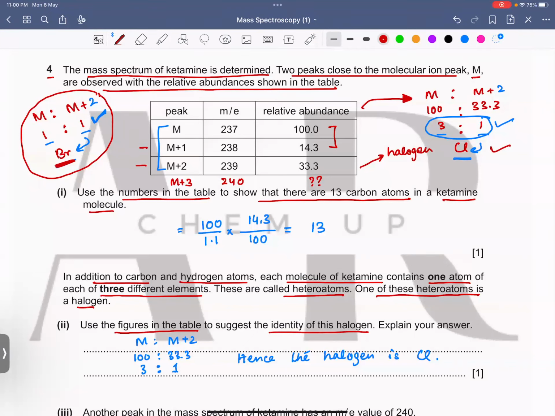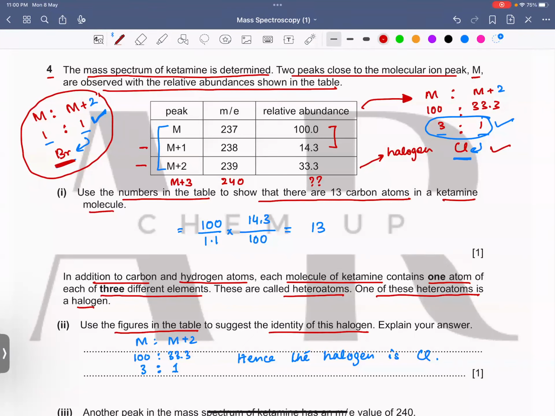This m+1 is due to carbon 13. In the same way, this m peak is due to carbon 12 and chlorine 35. And this would be due to carbon 13 and chlorine 35. So there is a ratio of 1 over here.